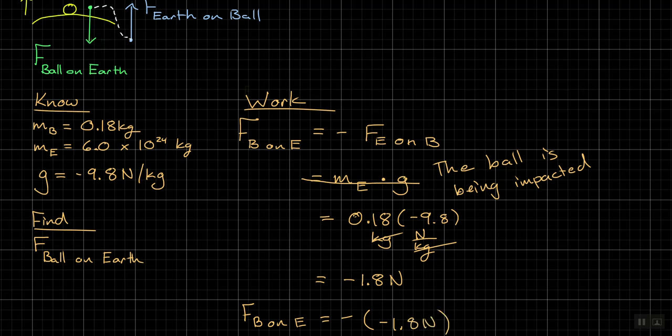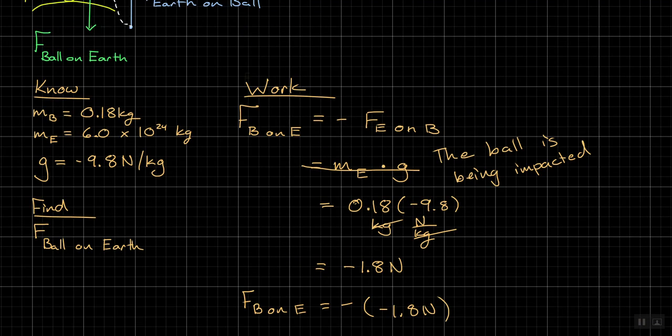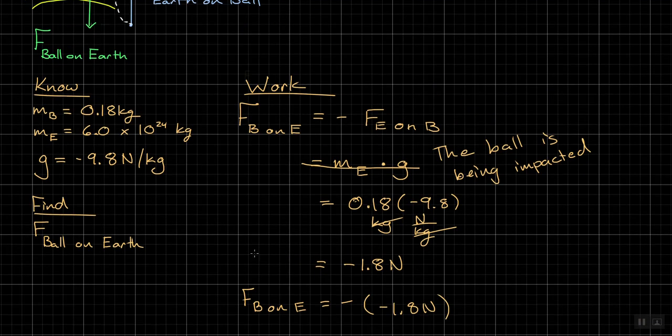That's a better question. Yeah, equal but opposite. So when we look at this then, how hard does a ball push on the Earth? 1.8 newtons. Okay, that makes way more sense. The Earth pushes the ball with 1.8 newtons as opposed to 50 trillion trillion. Much better number.